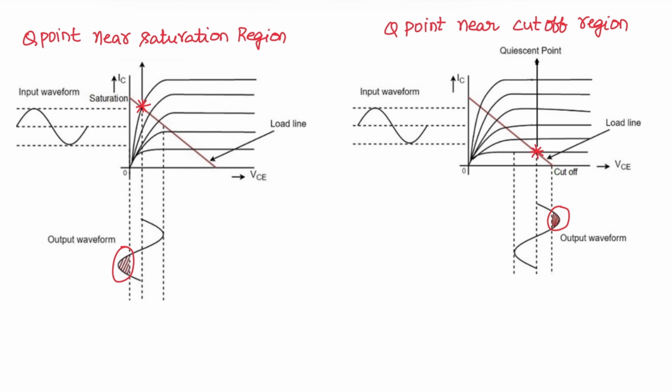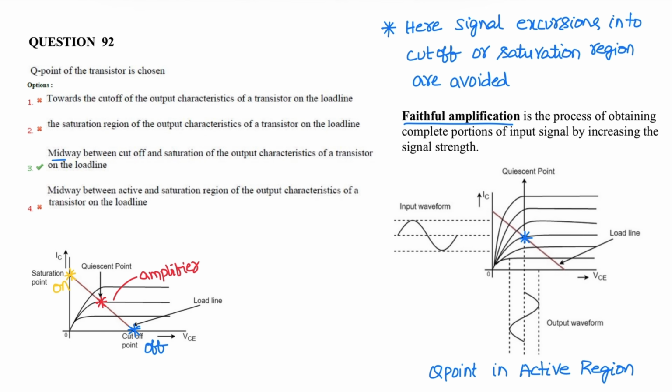So, therefore, signal excursions in cutoff and saturation region should be avoided. That's why Q point should be exactly at the middle of load line on the output characteristics. Correct answer is option 3. Q point of transistor is chosen midway between the cutoff and saturation of output characteristics of transistor on a load line.